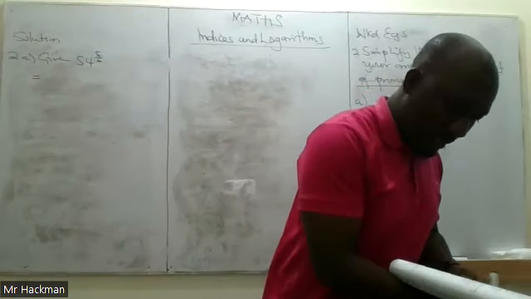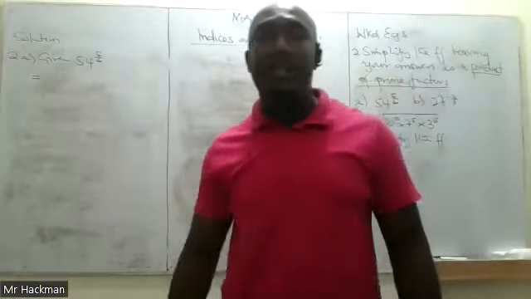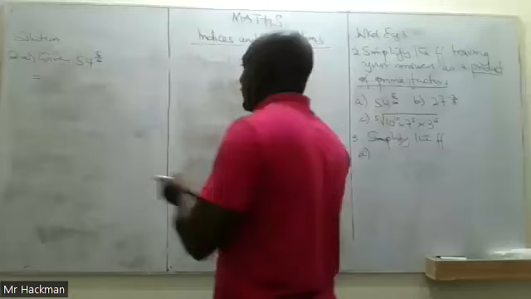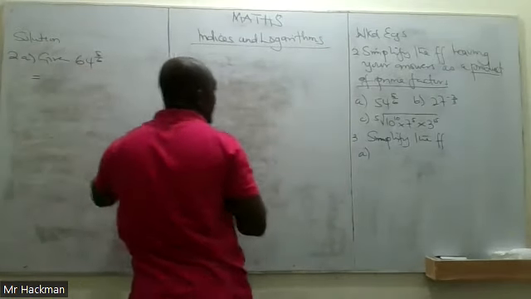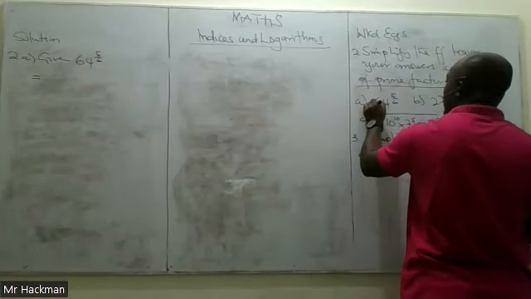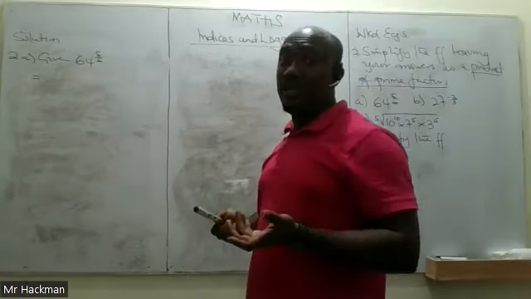It's supposed to be 64. So change it to 64. 2 to the power 6 would be what? 64. Okay, so it should be 64.